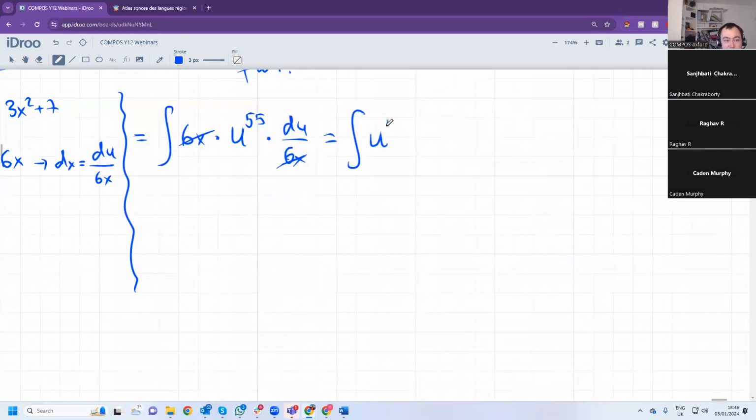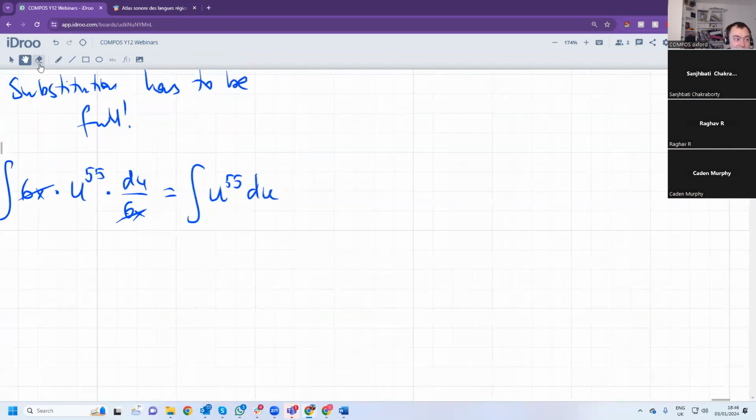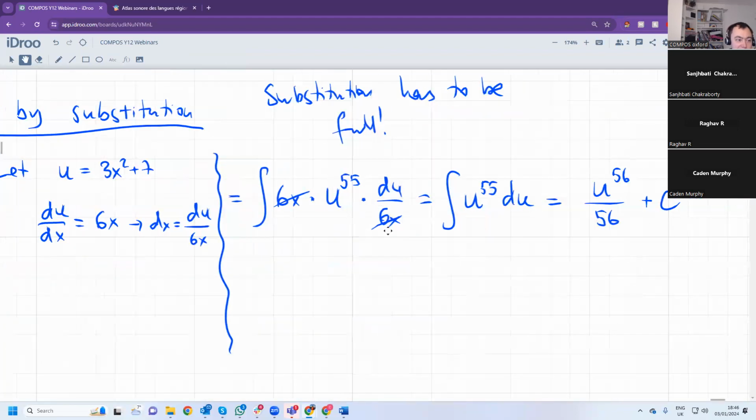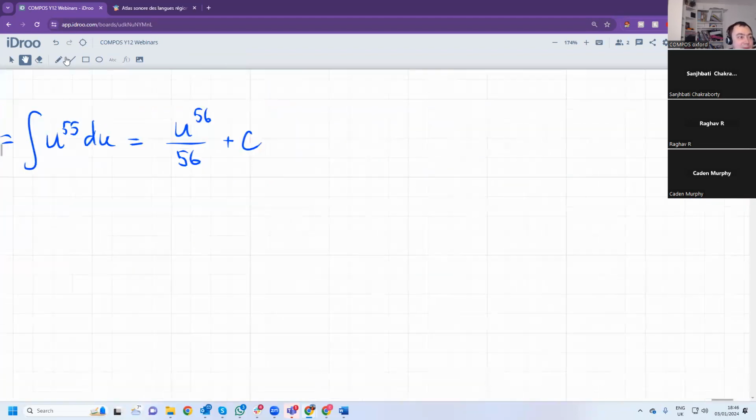We have the integral of u to the power 55 du, which we can do. It's the first integral they teach you. That's u to the power 56 divided by 56 plus c, of course. Now, what is u? Whenever we do reverse substitution, u is 3x squared plus 7.